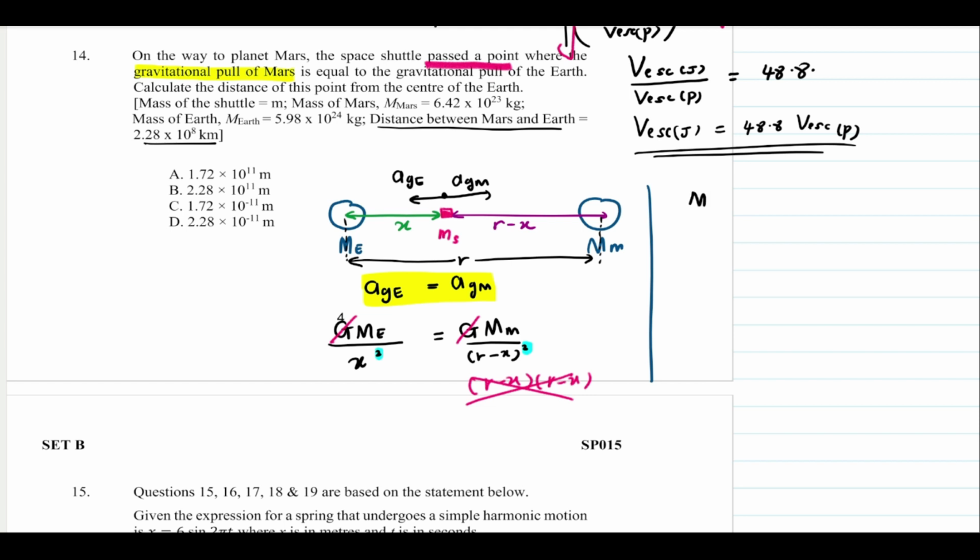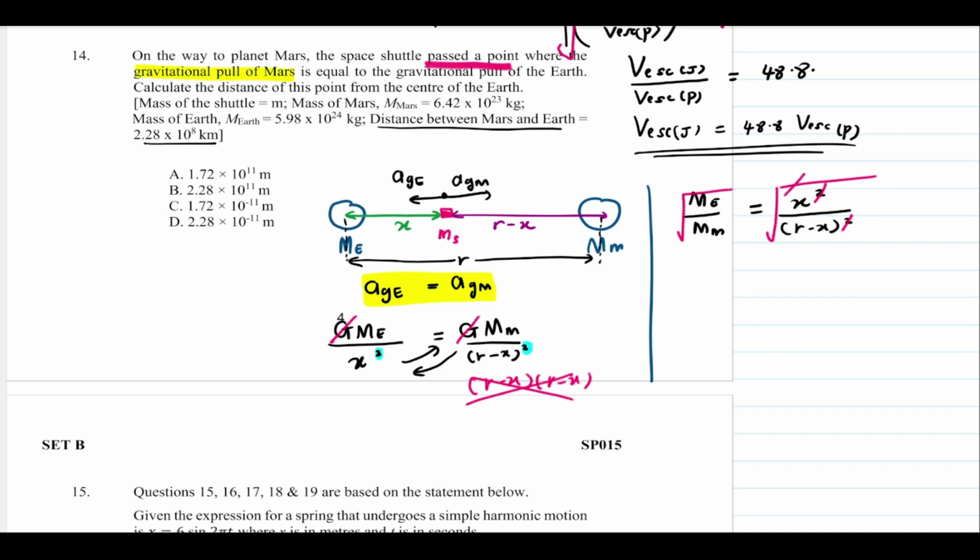So, saya akan jadi ME over MM equal to, ini saya buat ni atas, ini saya buat turun bawah. So, dia akan jadi X squared over R minus X squared. Okay. So, sekarang you nampak ada squared tu. So, saya nak take the square root for both side in order to cancel out squared.